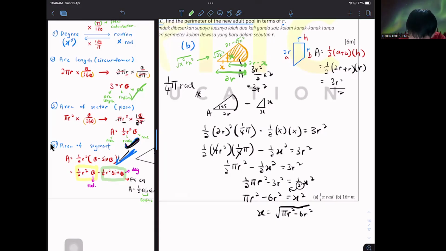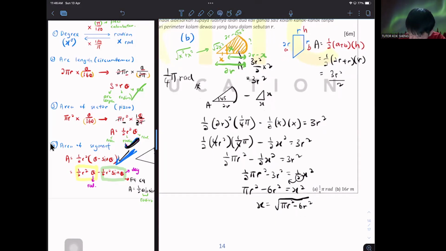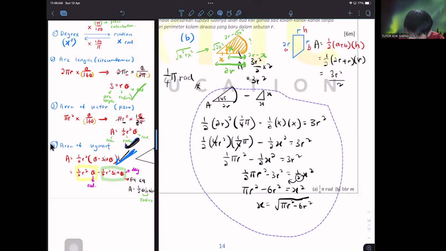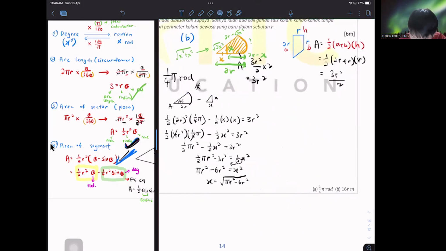So last one, this part here will be going for the arc length formula. Let's write the working now. Perimeter equals 2r minus square root of 2x squared, plus x, plus 2r minus x, and also the arc length, radius times theta.